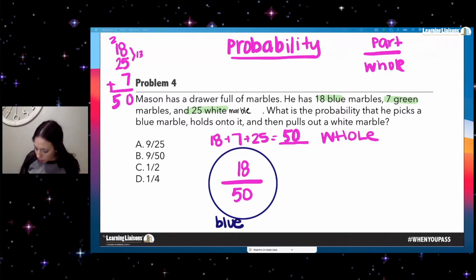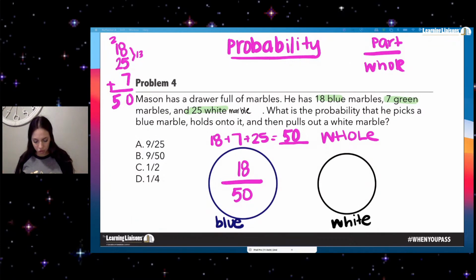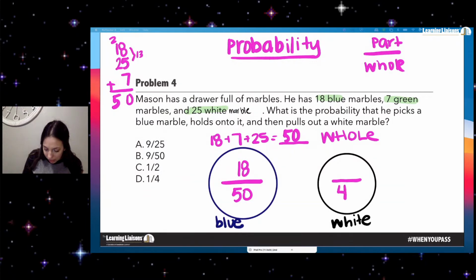Now, what's the probability that I'm going to pull out a white marble? In this case, how many marbles are in my drawer? It's not 50 anymore. It's 49, because he pulled that blue marble out, and what did he do?